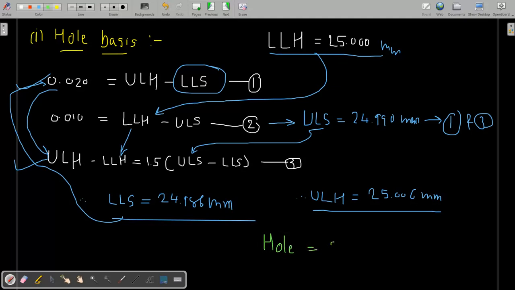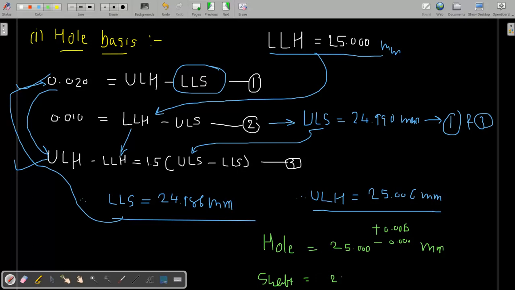The whole dimension we can write as 25.000 plus 0.006, minus 0.00. Why? Because in the hole basis system, the lower deviation is 0 mm. This is the hole. And what about the shaft?